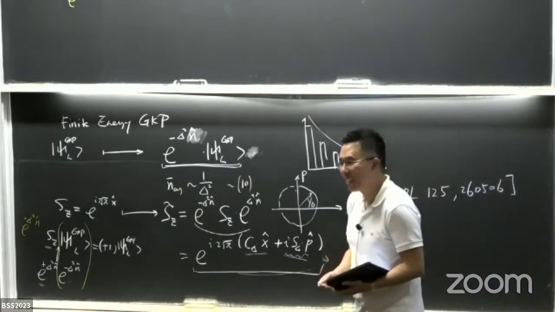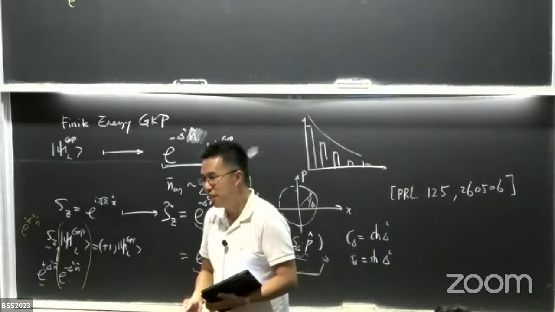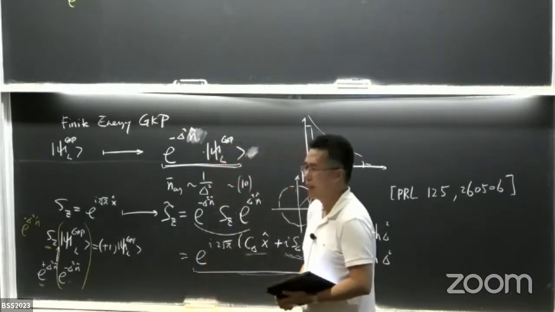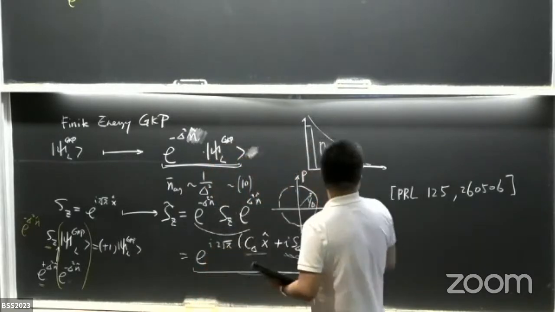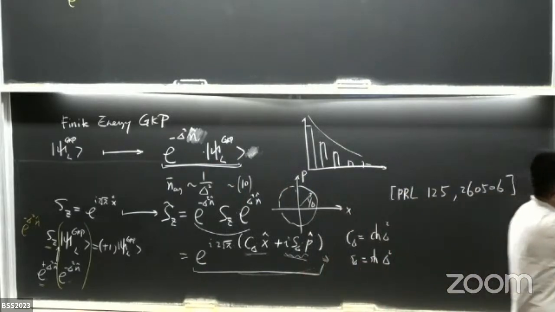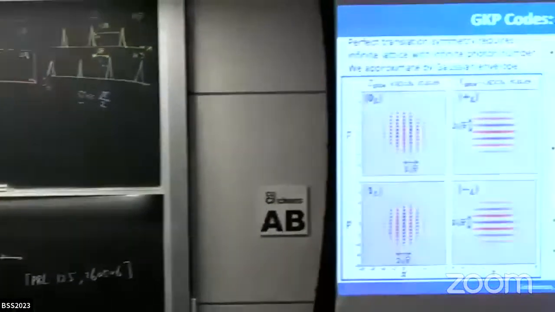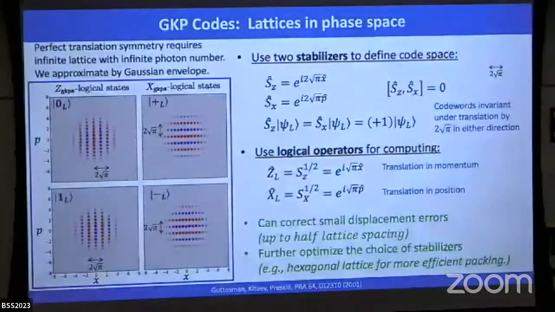Can you explain the back action? If I have commuting operators, there's no back action, right? Yeah. So here the back action is related to this: suppose you measure, let's say, the stabilizer Sz, which let me tentatively say is the operator that you measure.